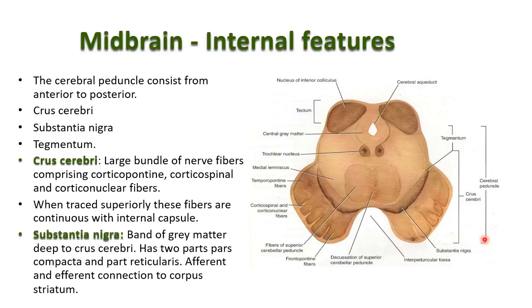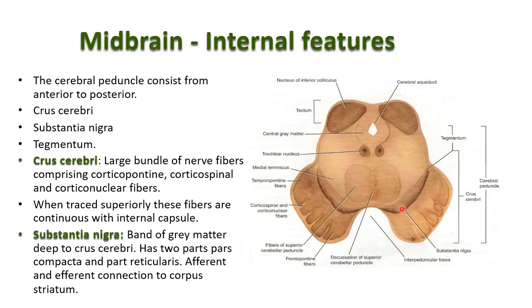Then beyond this crus cerebri, you see a band of gray matter due to rich neuromelanin pigments. It is called nigra, so dark in color, substantia nigra. This substantia nigra is a band, and it has two parts. The front part is called the pars compacta, and the behind part is called the pars reticularis.